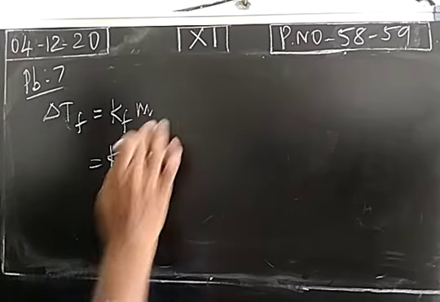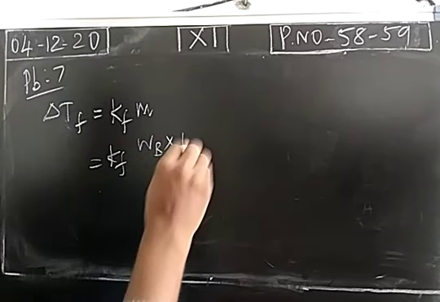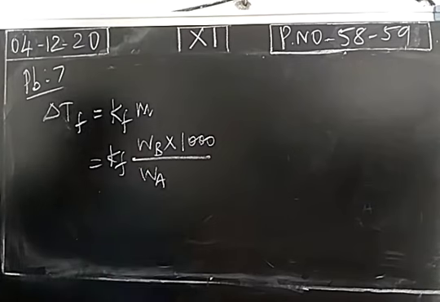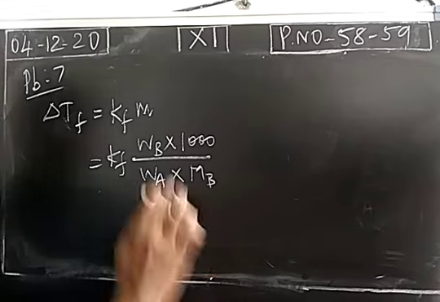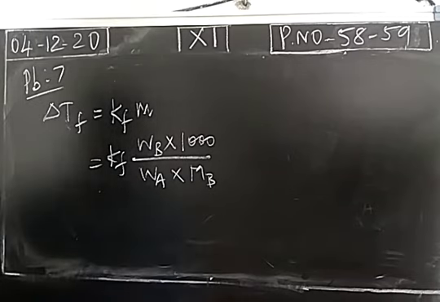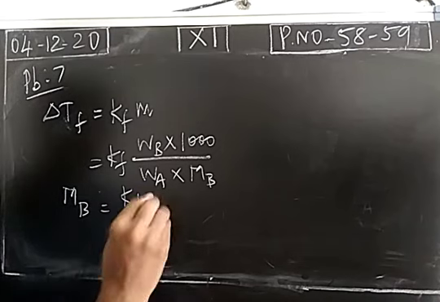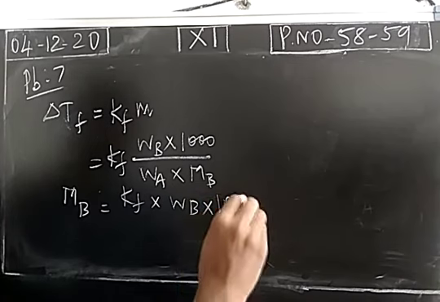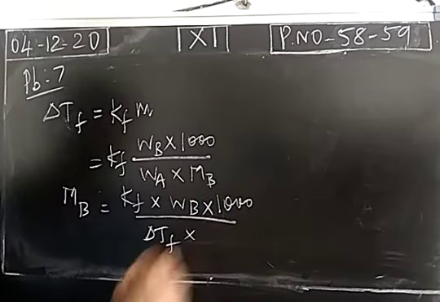Molality is weight of solute multiplied by 1000 divided by weight of solvent into molar mass of solute. We need the calculated molar mass value, so MB is equal to Kf multiplied by WB multiplied by 1000 divided by delta Tf into weight of solvent.